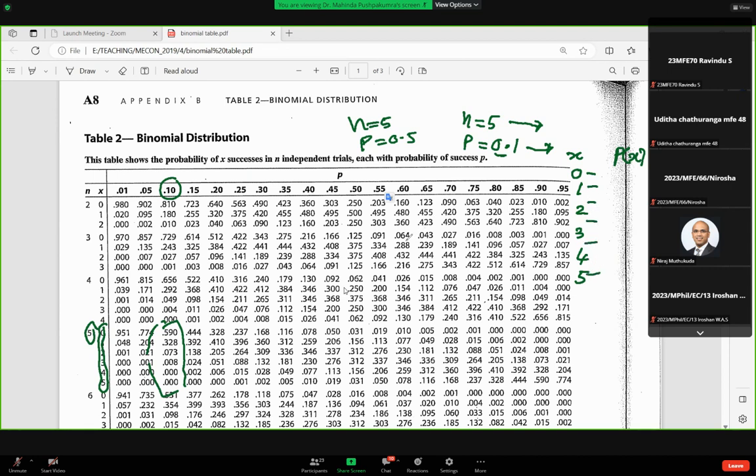Where is the answer? The probability is here. Then n is 5, x is here. Then the probabilities you can see here.